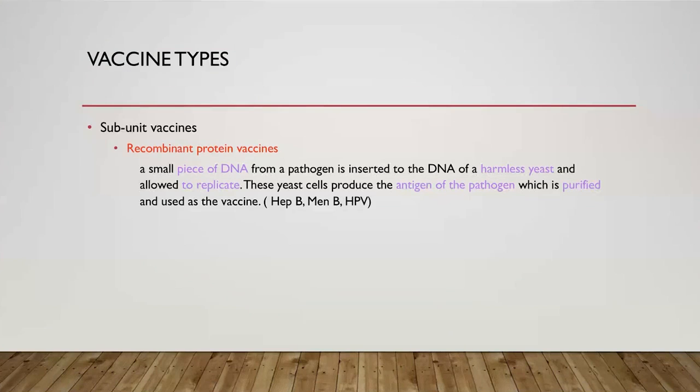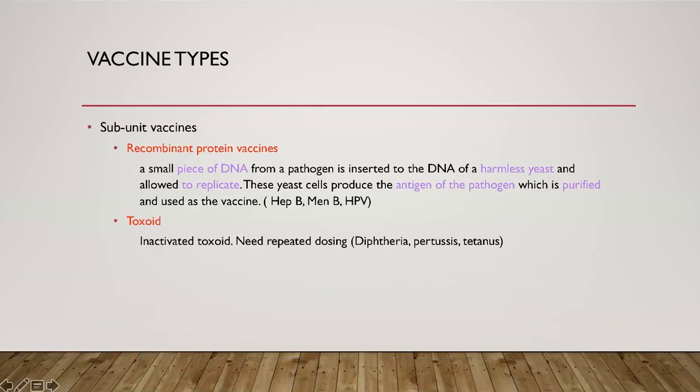These yeast cells produce the antigen of the pathogen which we need, which is then purified and used as a vaccine. Common examples are hepatitis B, meningococcal B, and some types of human papilloma virus vaccine.